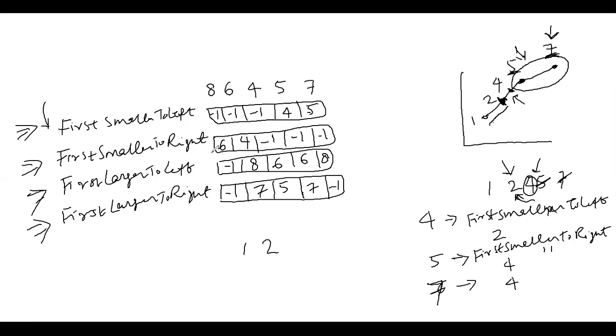For simplicity, we had this arrangement, for example 1, 2, 5, 7, and then I came as 4. Now you are saying 8 came. When 8 came, his first smaller to his left is me actually. 5 and 7 don't matter to him anymore.